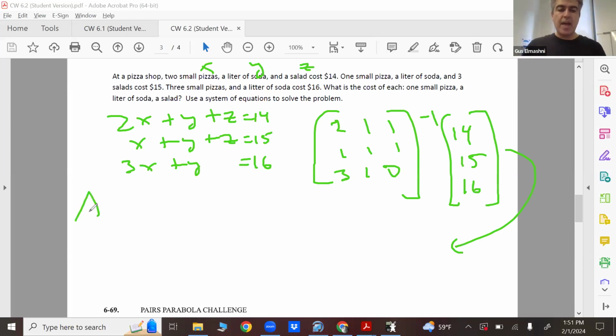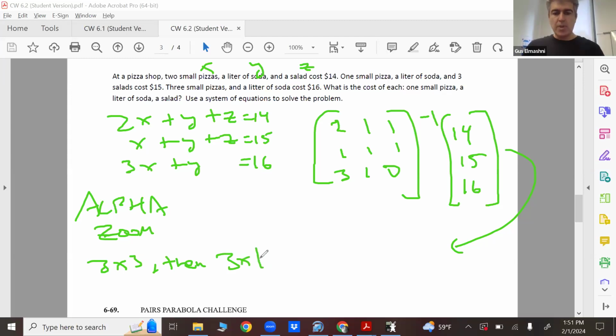Remember, to get to the matrix, you have to hit alpha, zoom, and start typing away. And remember, you want a 3 by 3, then a 3 by 1. 3 rows, 3 columns, and 3 rows, 1 column.